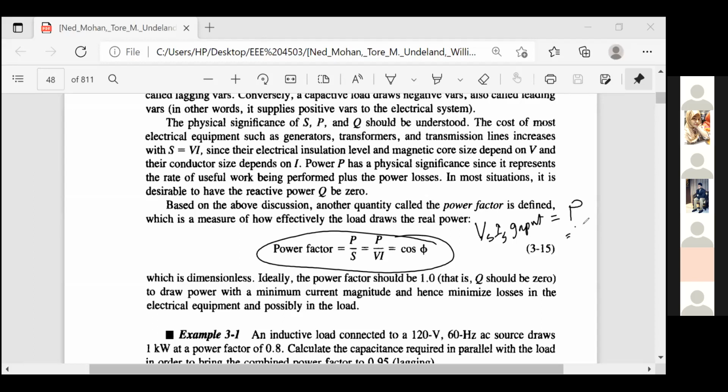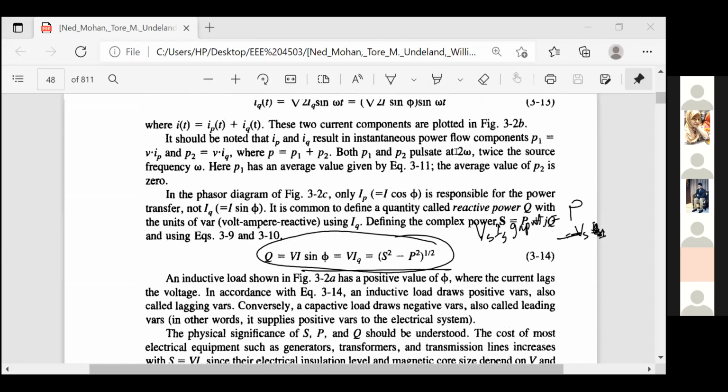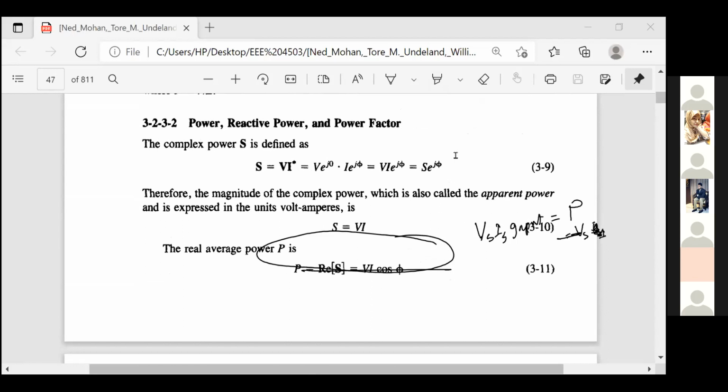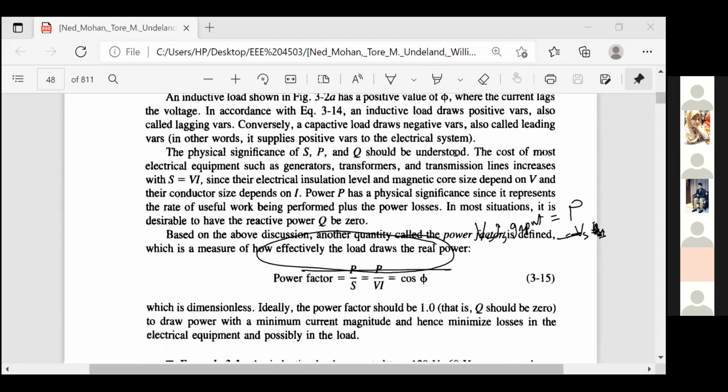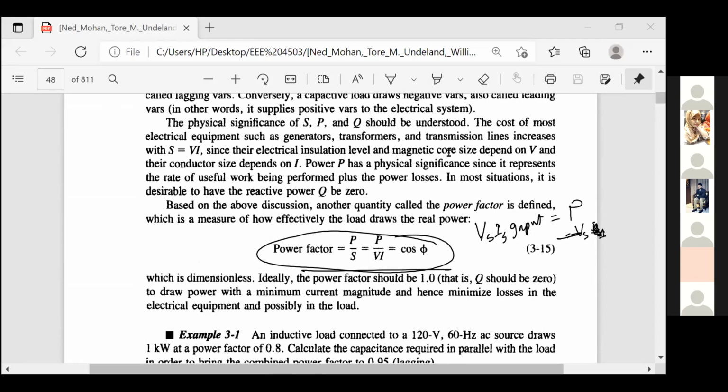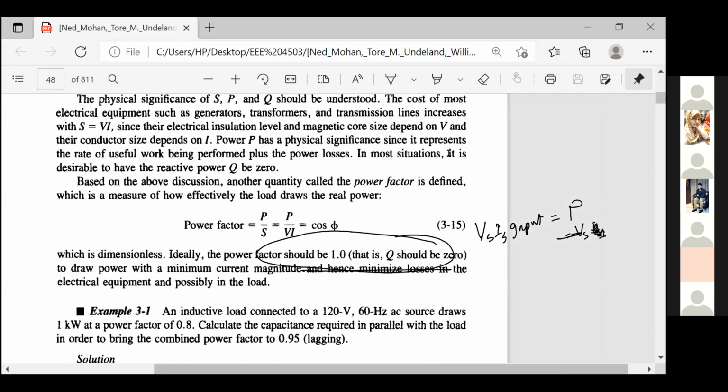And then your VS, what should we write? 0.9 IS, real power. Try to remember this one. Let me go back and see, there is 3.10, 3.11. Okay, here. So we have to use this equation.